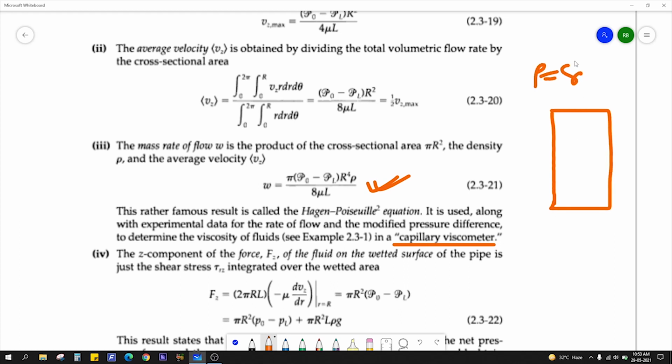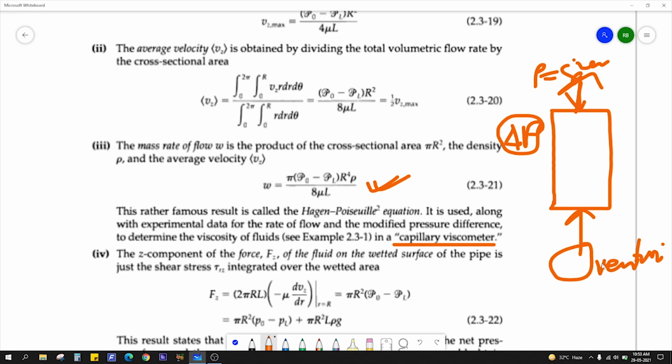Now you pass the fluid from top to bottom, or bottom to top, same meaning. You can control the pressure difference using a gauge. Also you can measure the flow rate by using a venturimeter.